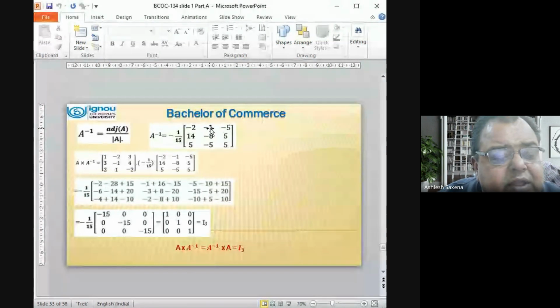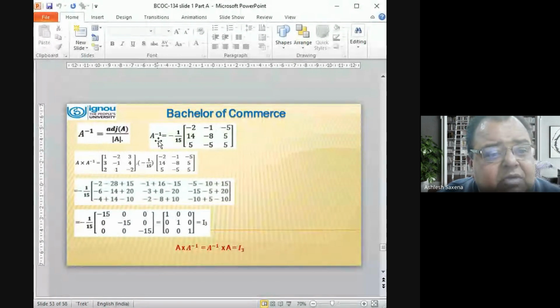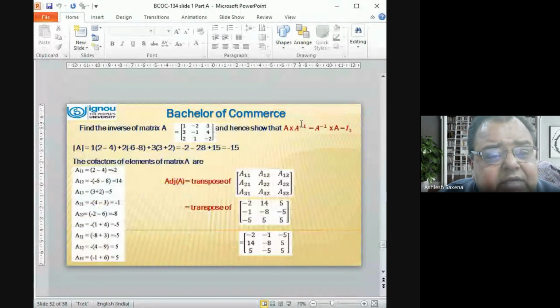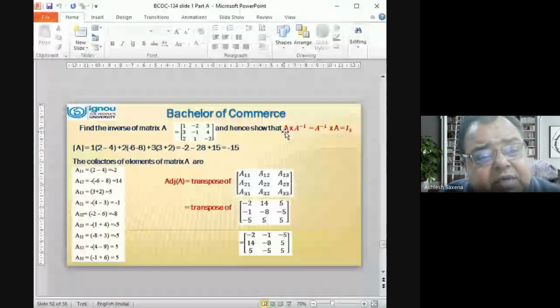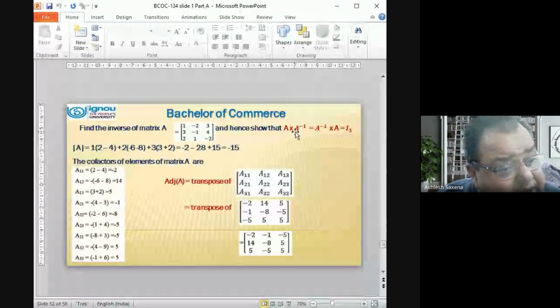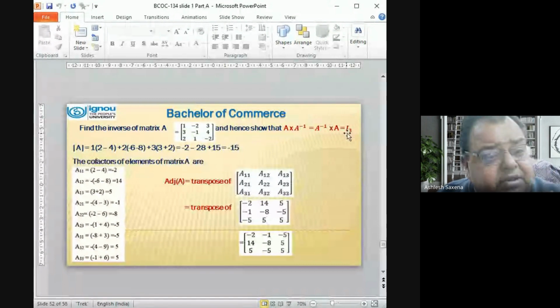Correct. So this is the A inverse of this matrix. Now going back to the problem. What was the problem? It was asking to find A into A inverse is equal to A inverse into A is equal to identity 3. Identity 3 means it will be an identity matrix of order 3 by 3.